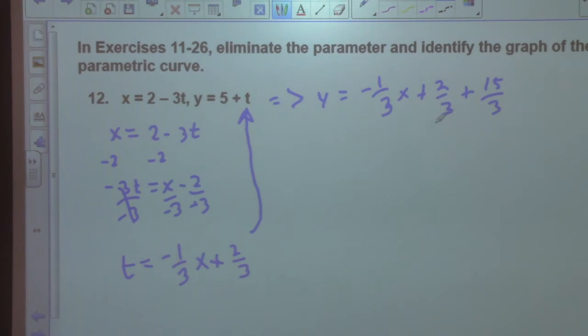Why do I want to rewrite 5 as 15/3? To get a common denominator. So 2 plus 15 is 17/3. So that's what you get for your rectangularized equation, right? And then what does that look like when we graph it?